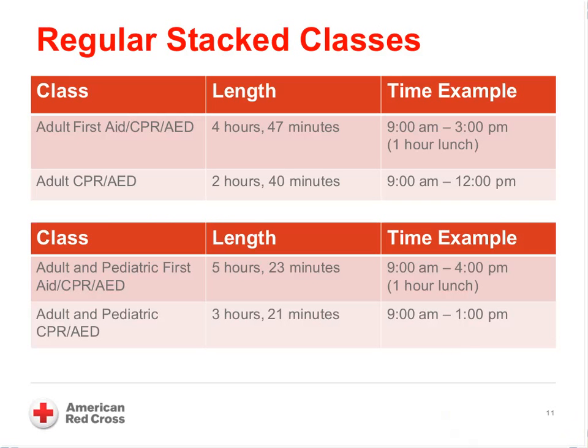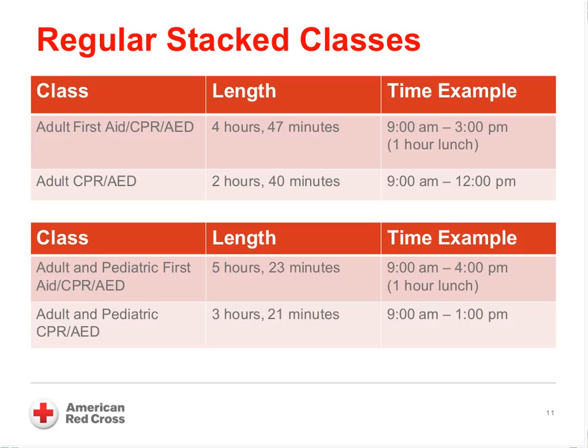So regular stack classes, most of you might be very familiar with this. Basically, it's when inside the most comprehensive class that we're going to teach that day, we offer also different components for the public and the participants. The most comprehensive class should be the Adult and Pediatric First Aid CPR AED, which is 5 hours and 23 minutes, and should run from 9 a.m. to 4 p.m. with a 1-hour lunch.